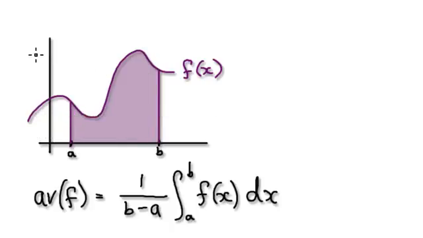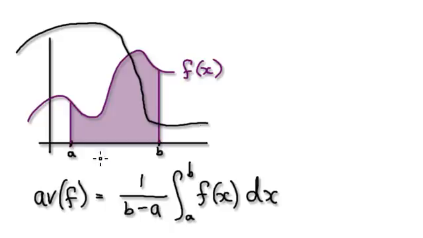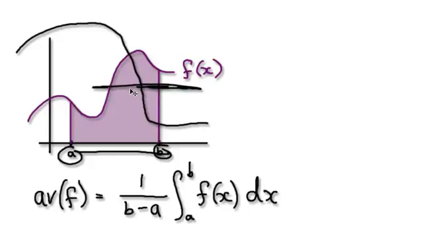Or if you have a function looking something like this, then in between A and B, the average height would be somewhere around here.